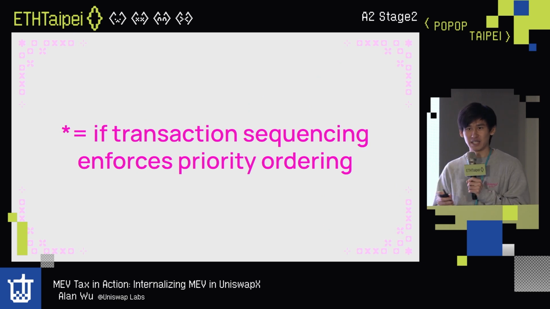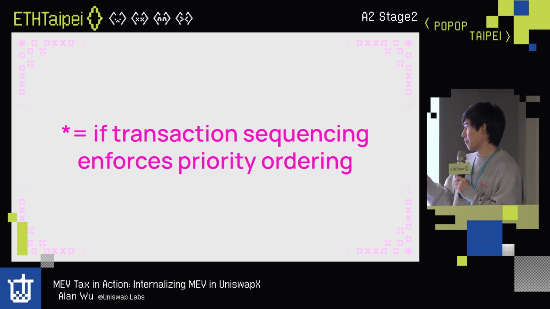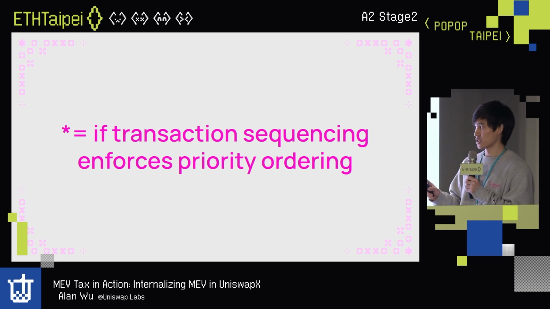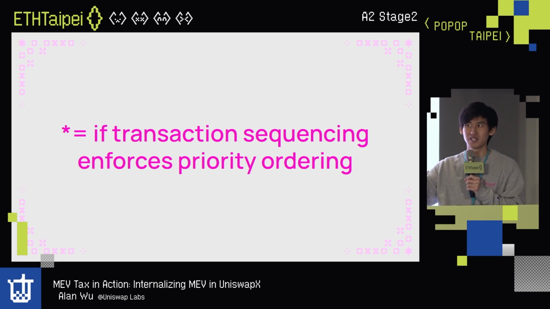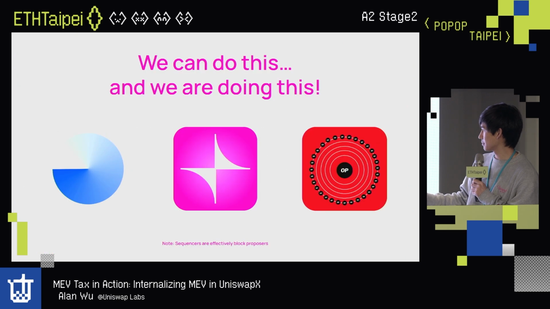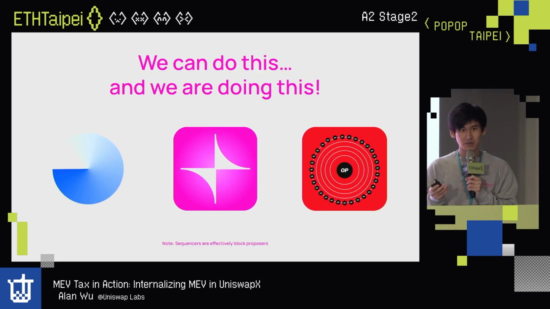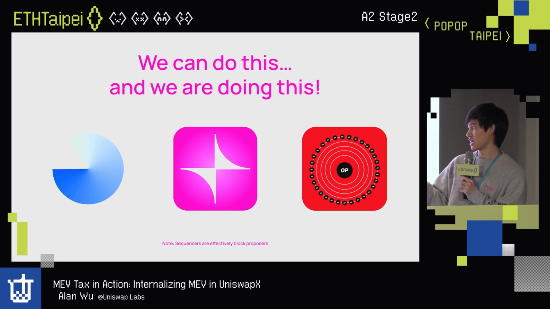The caveat is that for this MEV tax mechanism to work, the block sequencing on a chain must enforce priority ordering. And so all this means is that transactions in a block are ordered by their priority fee. We're able to do this today on chains like Base and Unichain.